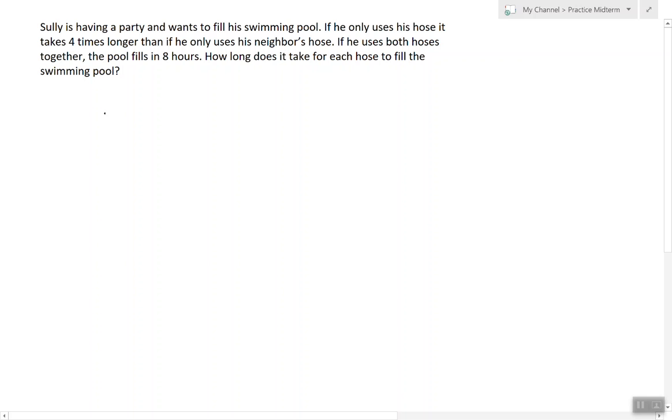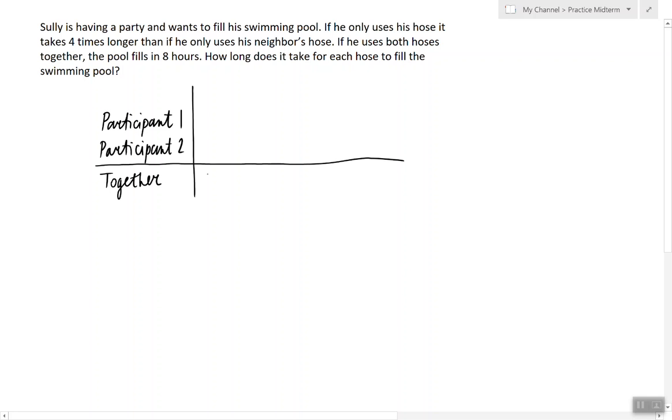Here we put participant 1. In this case it will be our hose. In general, it doesn't have to be anything in particular, but we have two participants, maybe three, and then they do the same job together. So the table that we're filling out should look something like this.